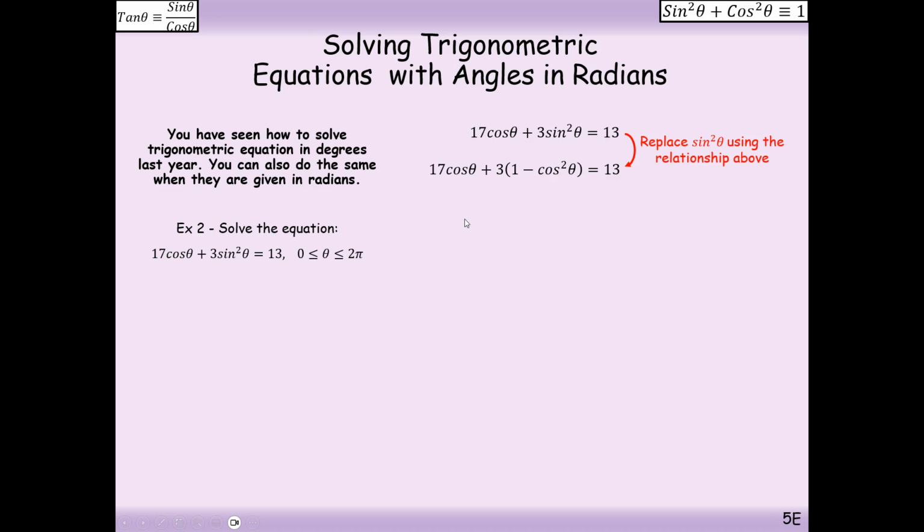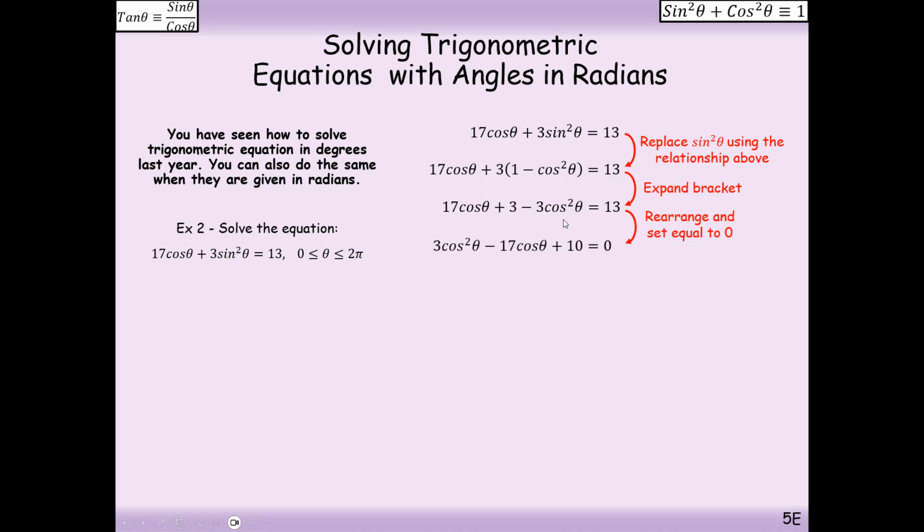We put it into that equation and multiply out the brackets, and we end up with 17 cos plus 3 minus 3 cos squared equals 13. We can either move everything to the right of the equation or to the left so that we get a quadratic that's equal to 0.